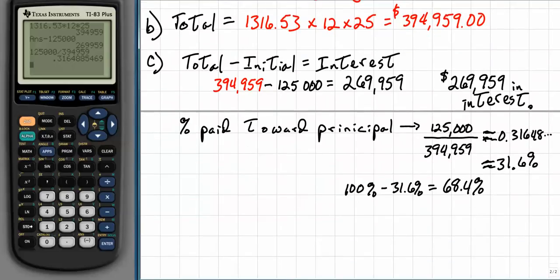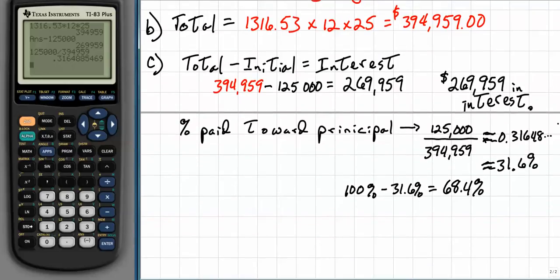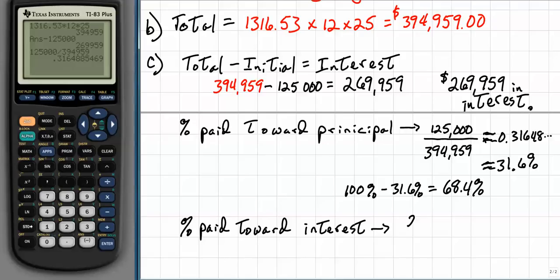But let's just double check our math. We're going to go ahead and take the total amount, which will be percent paid toward interest, and we'll take the total amount of the interest paid, and that's going to be 269,959, and we will divide that by the total, which is 394,959. Now basically what I'm doing is two different things here. We've already subtracted from 100%, but I'm going to verify that the mathematics actually works.